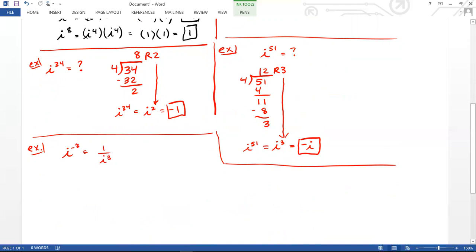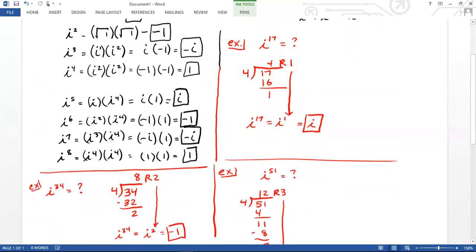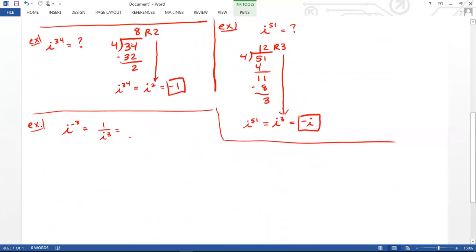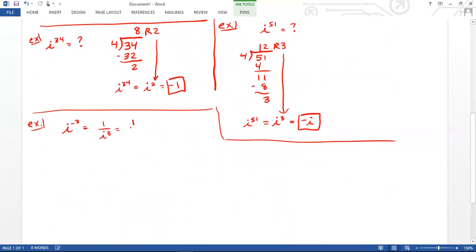If you have a negative exponent, just move it to the denominator and change the plus/minus sign on the exponent. And we said i to the third is negative i. So this would just be 1 over negative i.